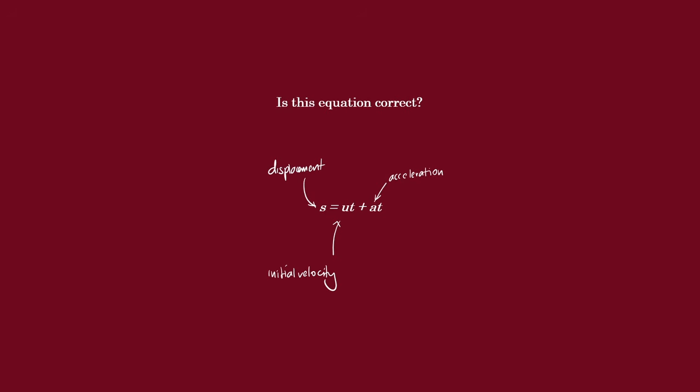As an engineer, as a scientist, as a physicist, what are you going to do when presented with this and someone asks, is this equation correct? Are you going to set up your own experimental setup, some sort of control experiment? Let's say you've got something you can measure how fast it goes, say a little tram. You have a speedometer for velocity, another one for acceleration, put it on a straight, frictionless track.